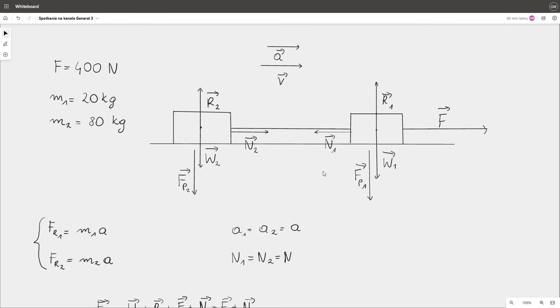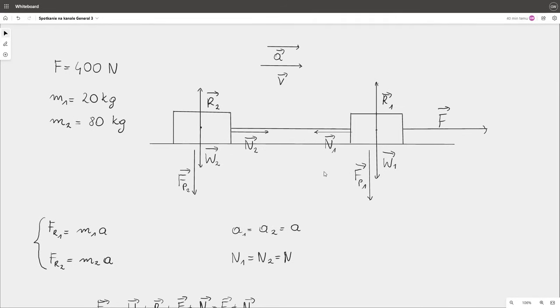Weight and normal forces balance each other in both cases, so resultant forces acting on first and second body depend only on horizontal forces.